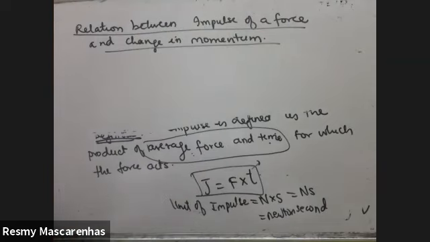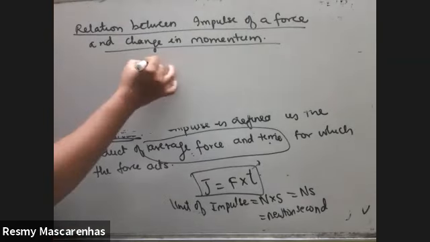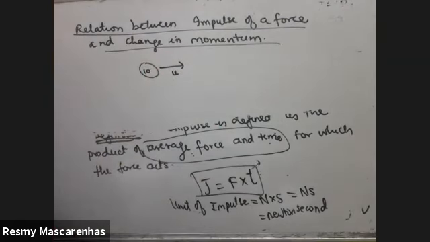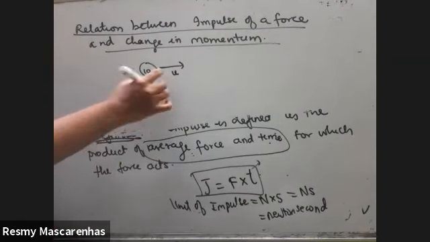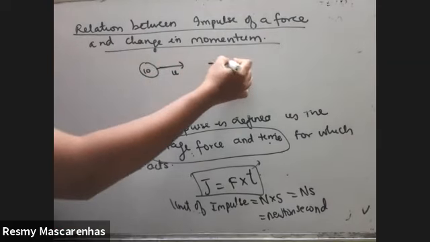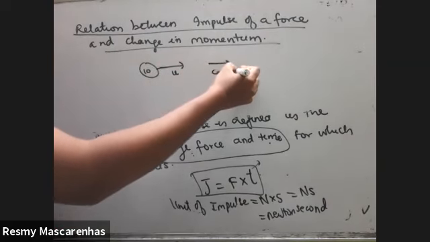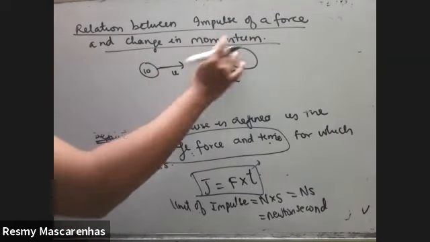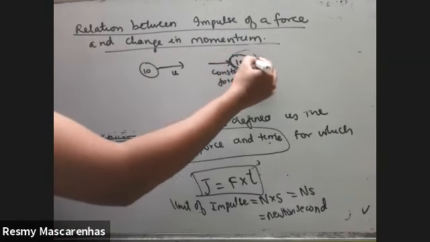The starting part will remain the same. Suppose this is an object of mass m, moving initially at u. Then I am applying a constant force on it, so the velocity will change to v.